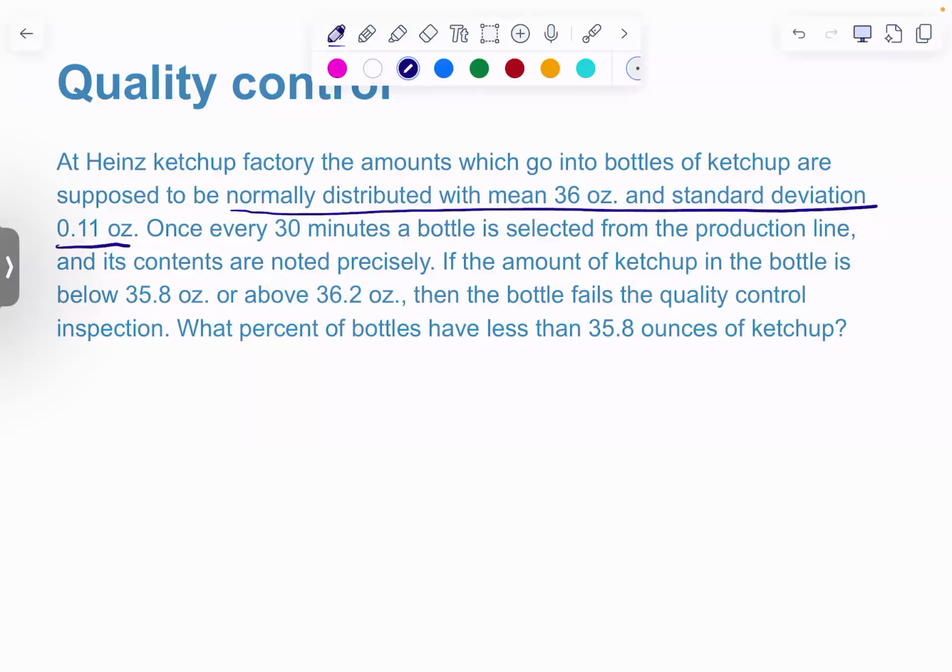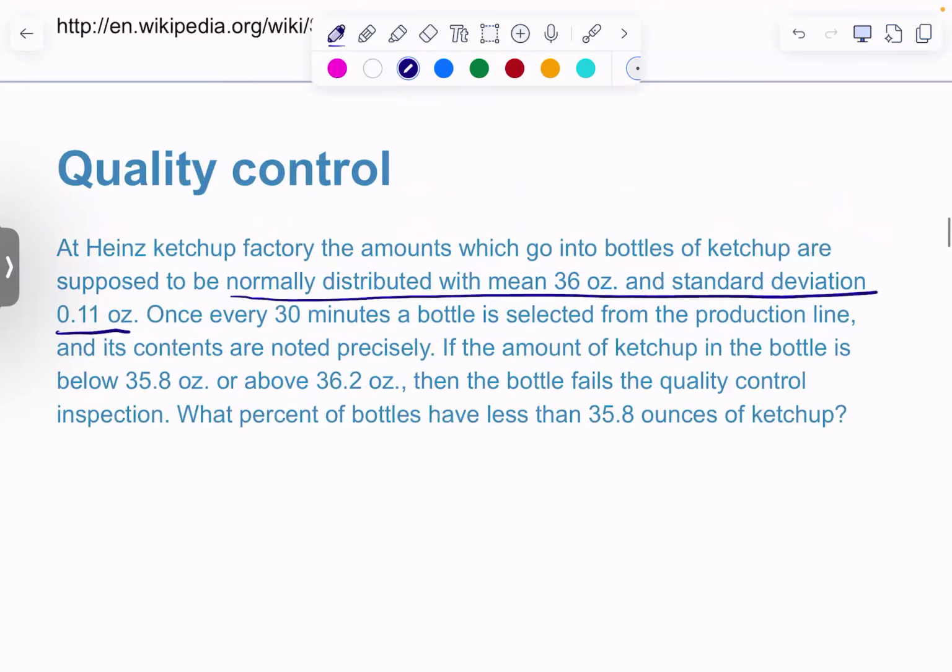What I want you to do with that information immediately is to draw the curve. Jot that information down, you can write it in shorthand if you want to. Normal 36 and 0.11. But I want you to draw the curve as well.